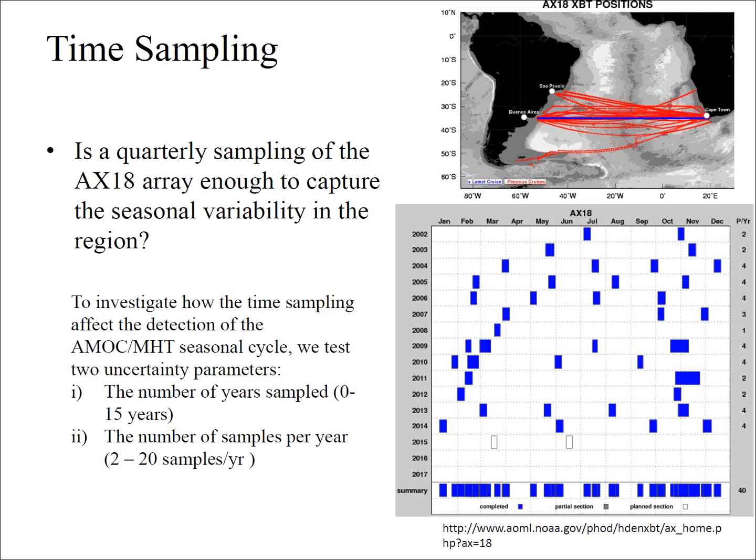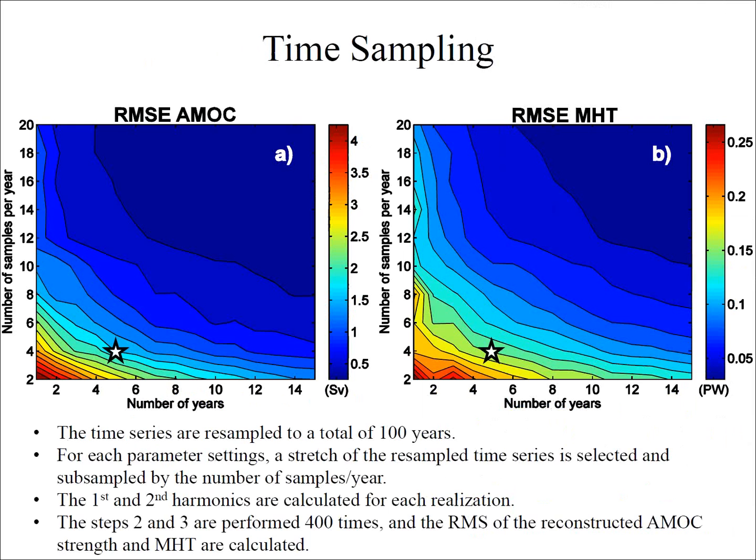So we have generally 4 transects a year, and here there are two aspects: the number of years sampled, 0 to 15, and the number of samples per year. We have 4 here, but we want to test from 2 up to 20 samples a year and see how we resolve the seasonal cycle from that.